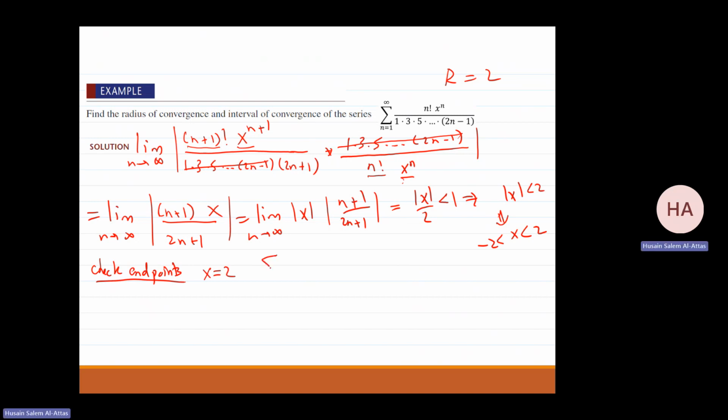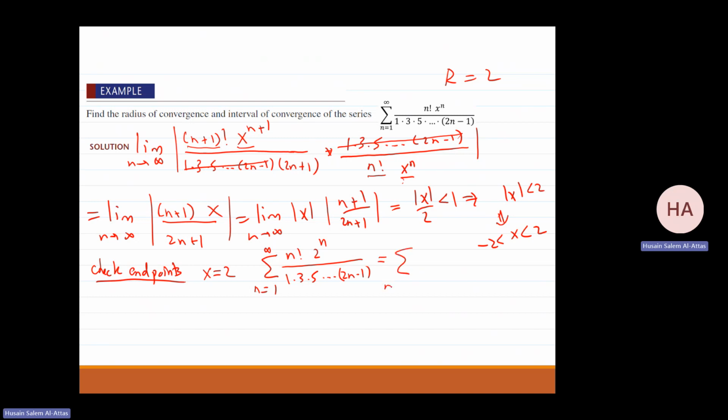So what is the summation? Summation n equals 1 to infinity of n factorial 2 to the power n over 1, 3, 5 times 2n minus 1. How to check this series? You need to notice one thing.